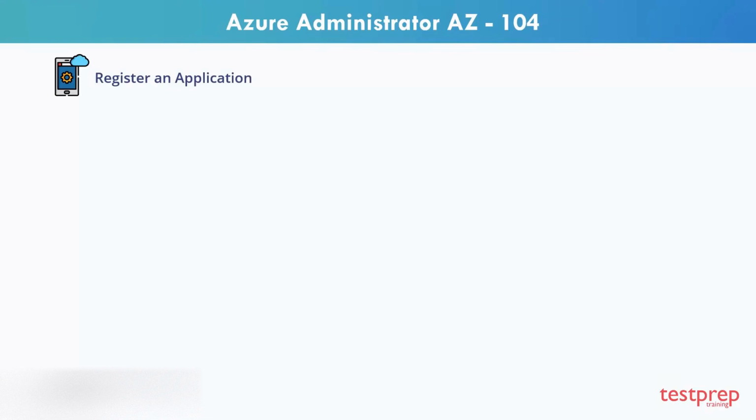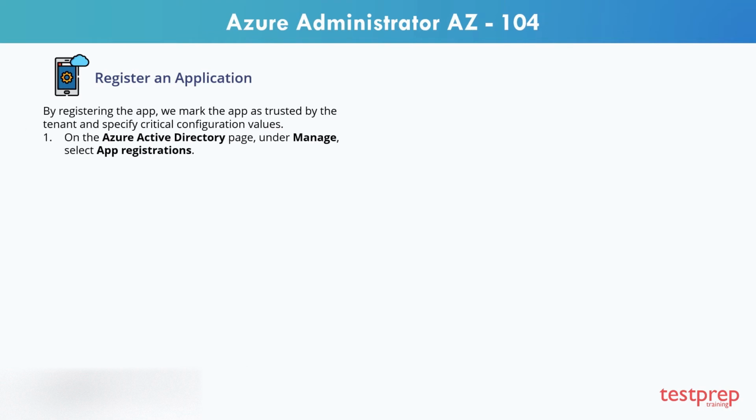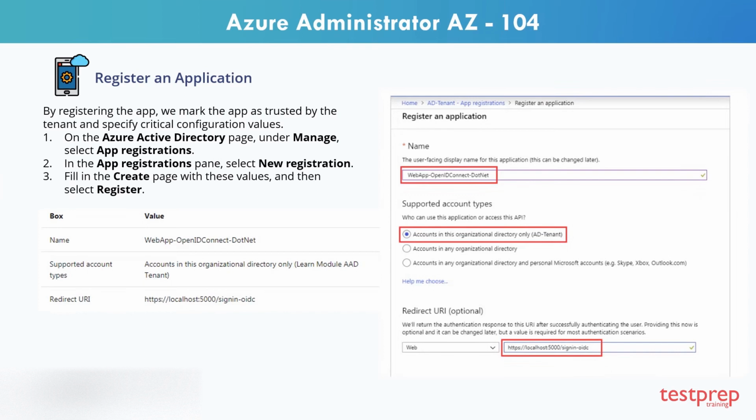Next, let's create a new registration in the Azure AD tenant for the web application. By registering the application, we mark the app as trusted by the tenant, and specify critical configuration values. 1. On the Azure Active Directory page, under Manage, select App Registrations. 2. In the App Registrations pane, select New Registration. 3.